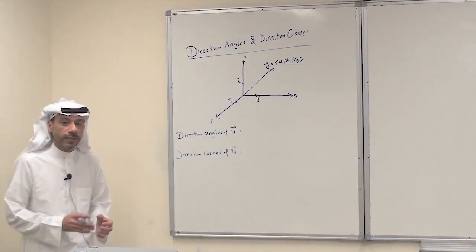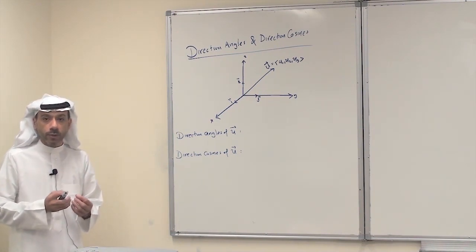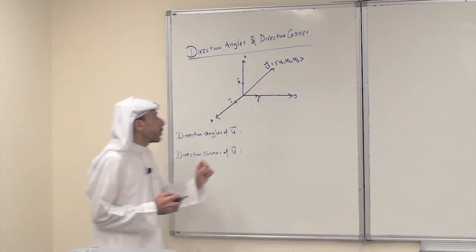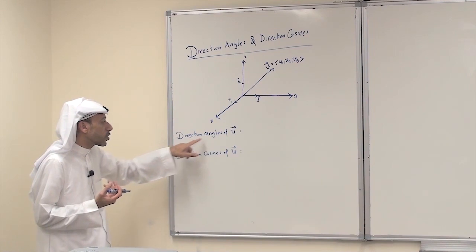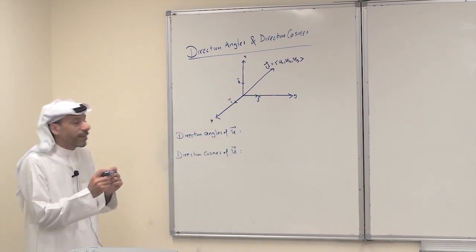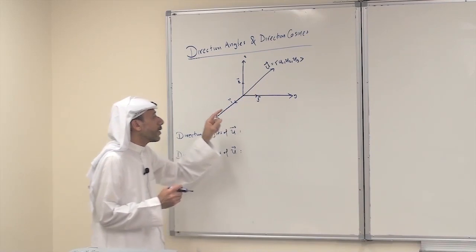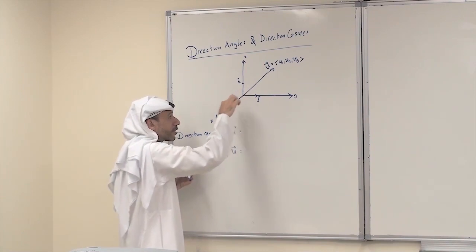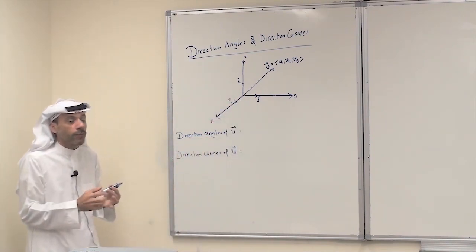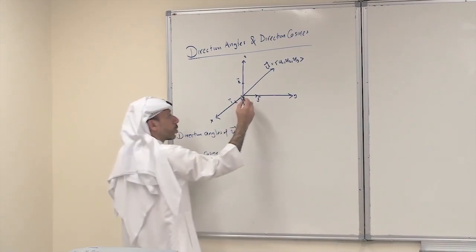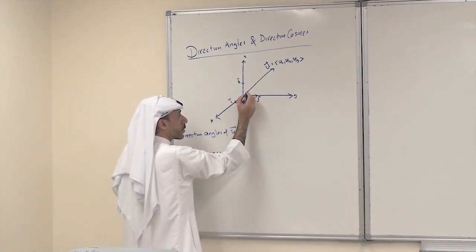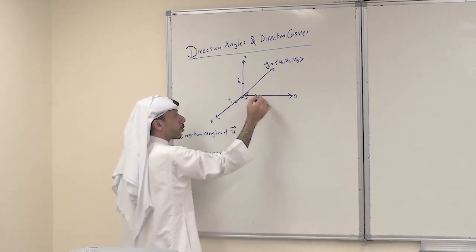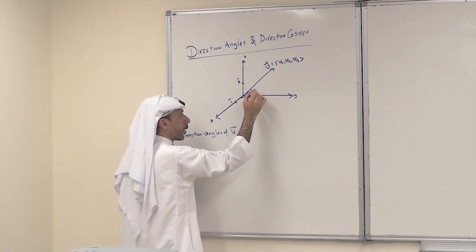Now we consider the notion of the direction angles and the direction cosines of a vector in 3 space. If we have a vector u in 3 space, we need to define the direction angles of u. In fact, these are the angles between the vector u and the standard unit vectors i, j, and k. Here the angle between the vector u and the vector i is alpha. The angle between u and j we call beta.